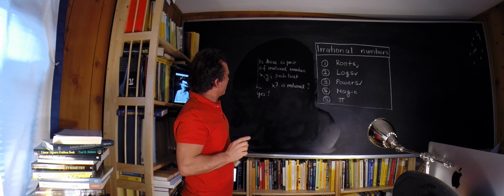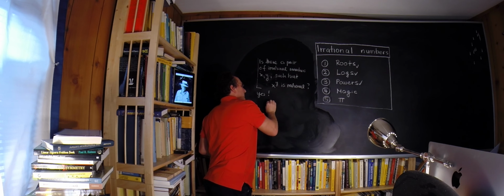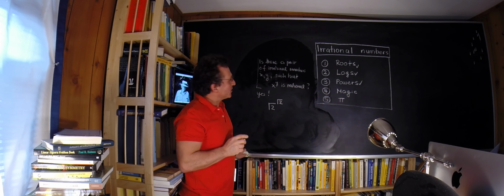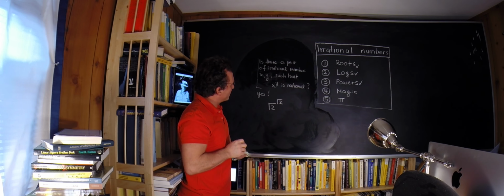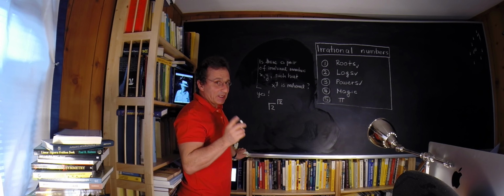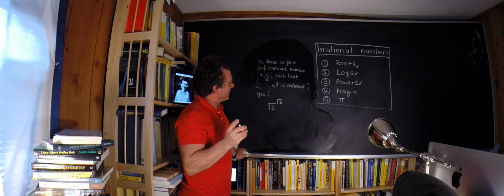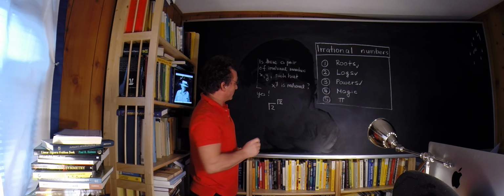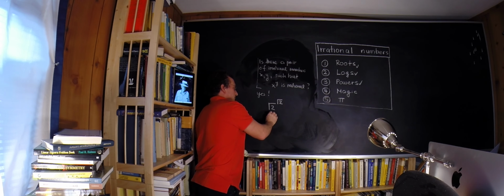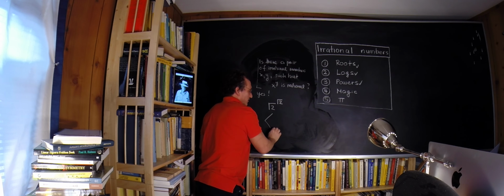So let's look at the following number. It's square root 2 to the power square root 2, which is also called the Gelfond-Schneider number. Now there are two possibilities. Either square root 2 to the power square root 2 is rational. Is it rational?